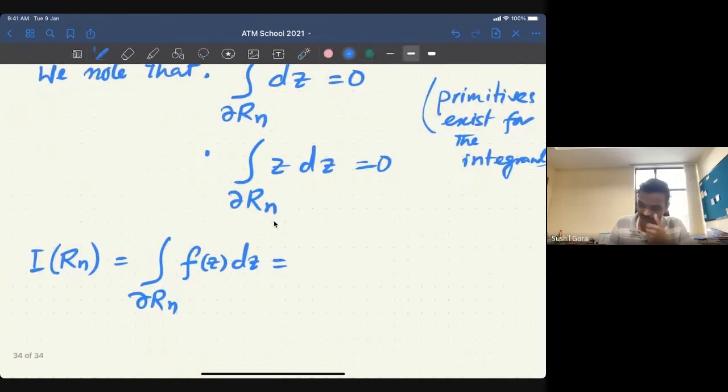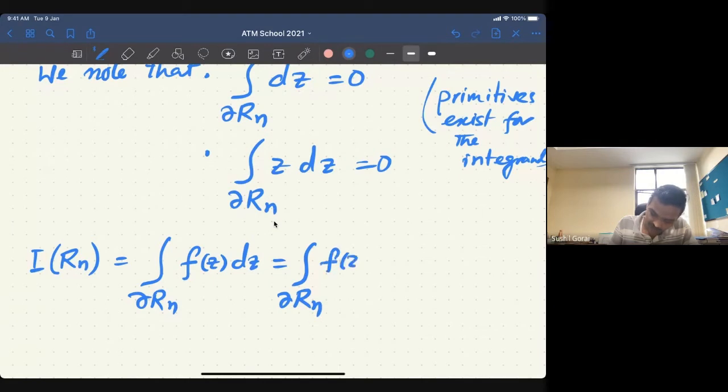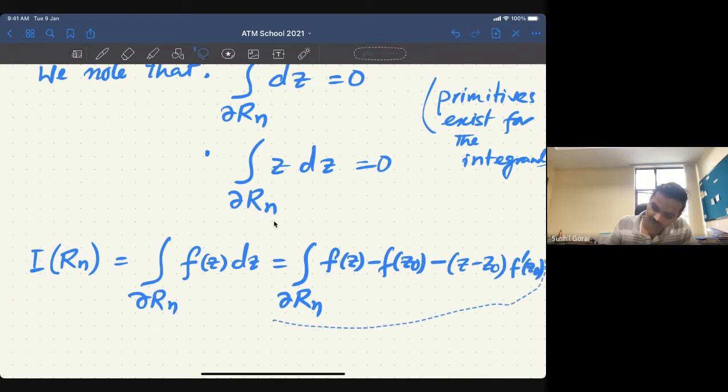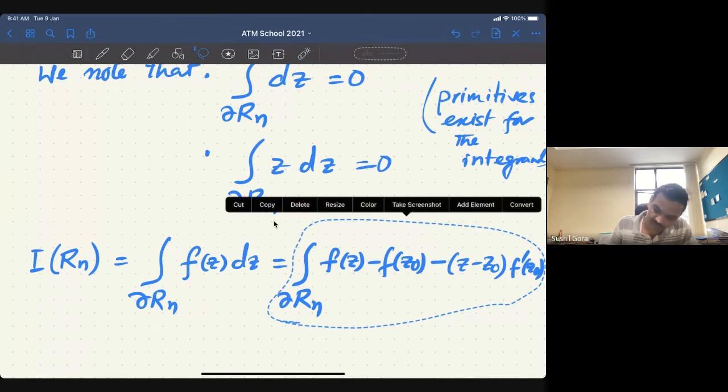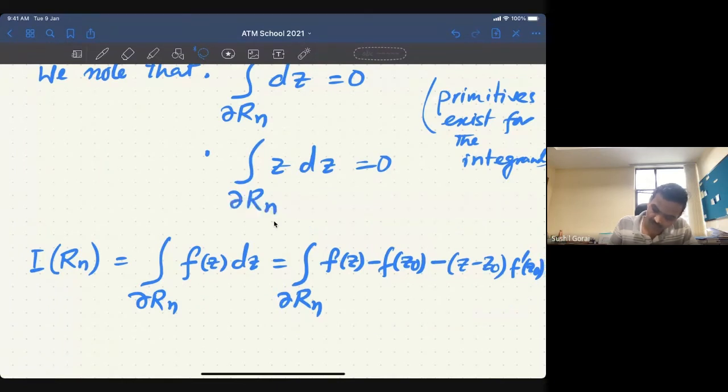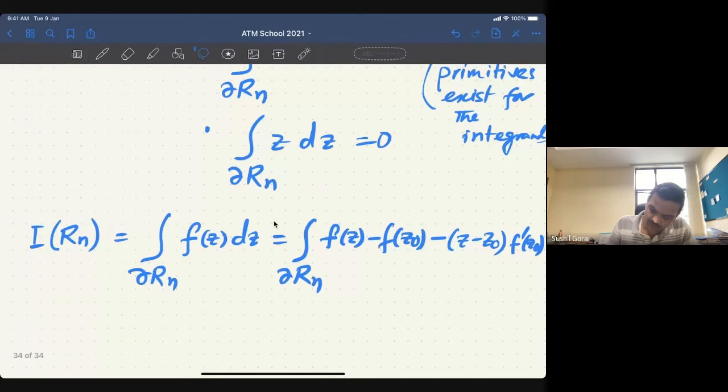So this is the integration over del Rn of fz minus fz naught, which is a constant, minus z minus z naught times f prime z naught, and then there is dz.